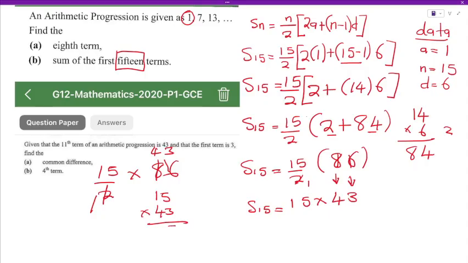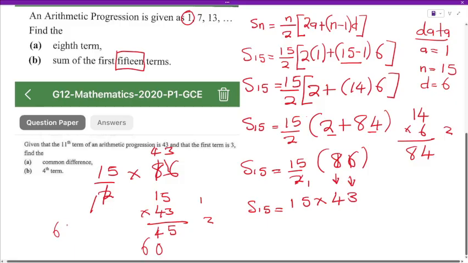Okay, 3 times 5, that is 15, remainder 1, 3 times 1, 3 plus that one, 4. Okay, 4 times 5, that is 20. 4 times 1 is 4 plus that one, 6. So we're going to get 645.